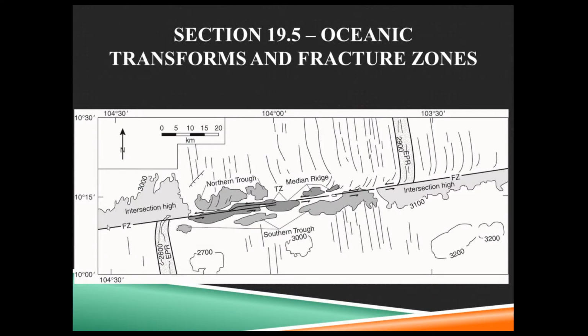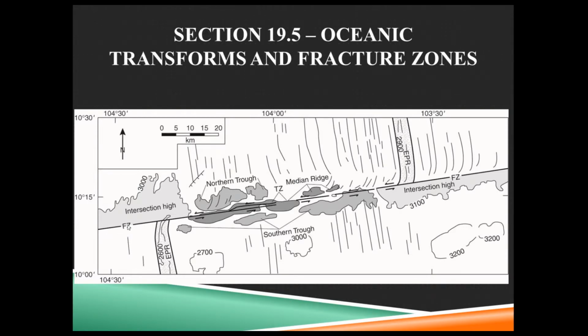Now, beyond each of them is something called a fracture zone, labeled FZ. So fracture zone, between them, the transform zone, and then on the other side, another fracture zone. The reason that it's not a transform fault once you get over here is that, first of all, it's going to die out, but also there's not active displacement and motion across this.